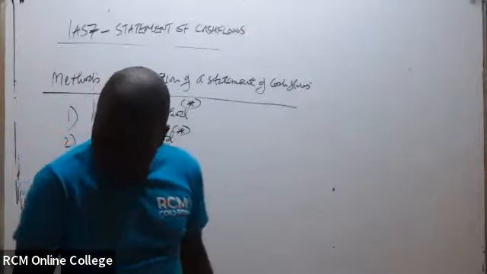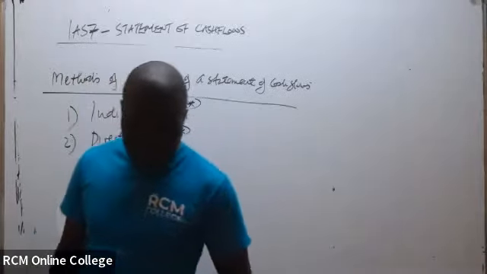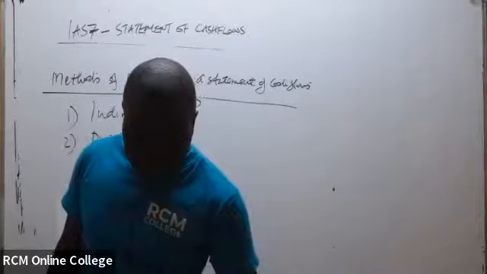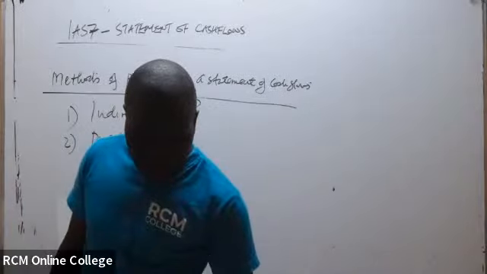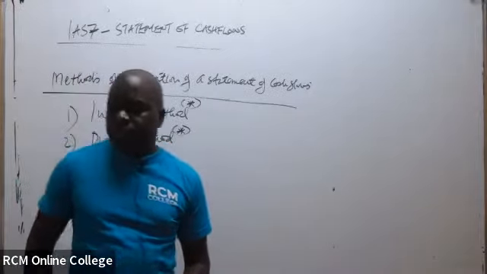You try. Yes, so I'll share it on the group so that you can try. I haven't been able to identify the example, but I'll share it on the group so that you can try before we come to the next class.